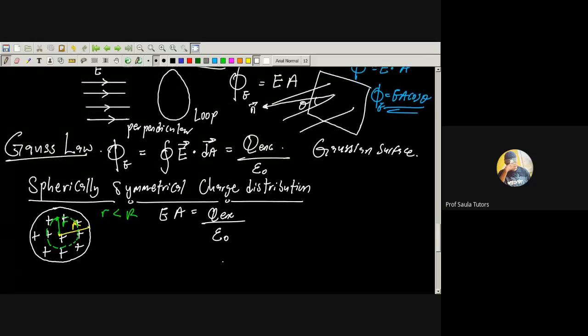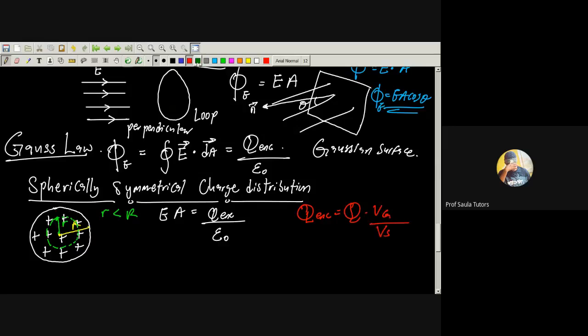You see, I will use the idea of the volume ratio here. To find the charge enclosed, I'll say the charge enclosed is equal to the total charge times the volume ratio. That is the volume of the Gaussian surface divided by the volume of the total sphere.